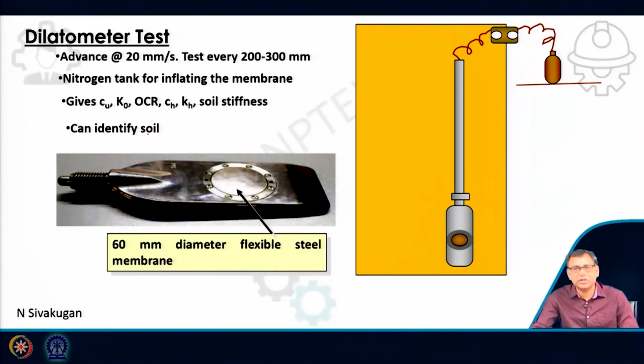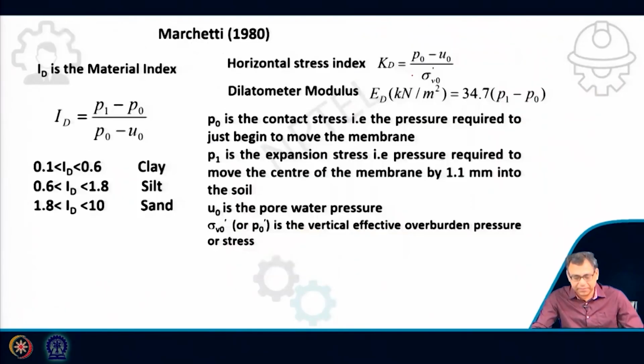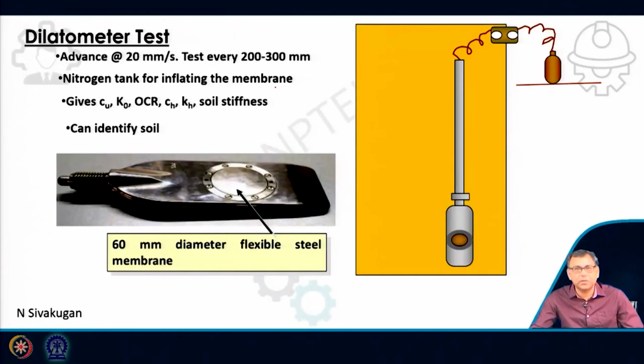And then we can use it for the determination of seismic soil properties also. So that is your test setup. Now that means it is also pushed inside the soil, and then at different intervals we inflate that membrane and you get the data.